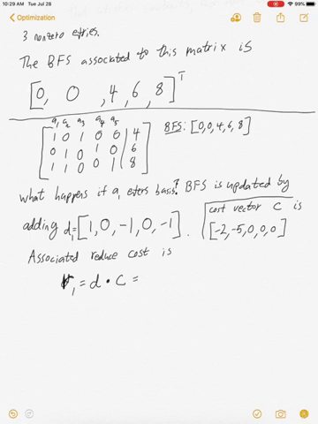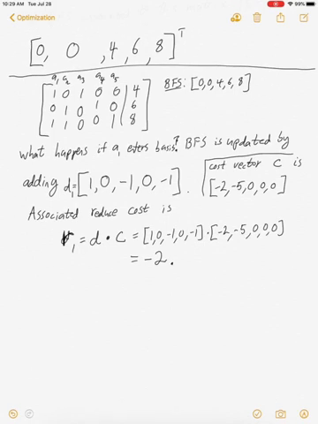So my associated reduced cost here is 1, 0, -1, 0, -1, dot product with -2, -5, 0, 0, 0, which is -2. So this says, if I move in the direction which brings A1 into the basis, then my cost is going to go down at a rate of -2.